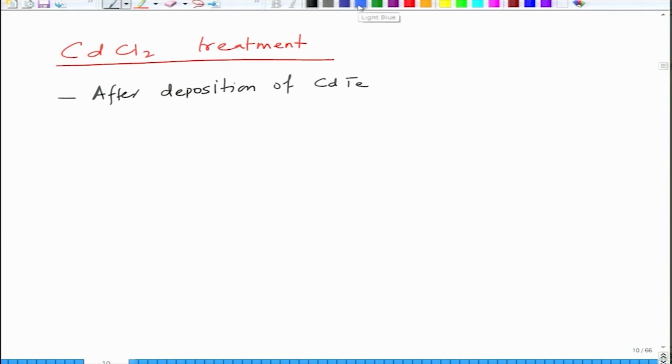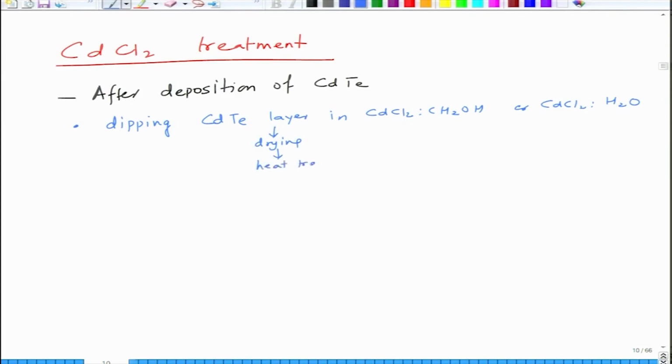So you can have the first method as dipping the CdTe layer in a CdCl2 CH3OH bath, or it could be a CdCl2 H2O bath, followed by drying and then heat treatment, okay.